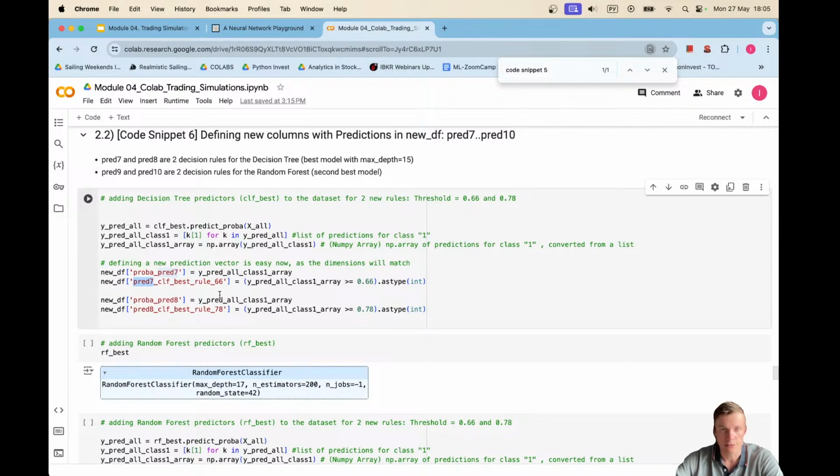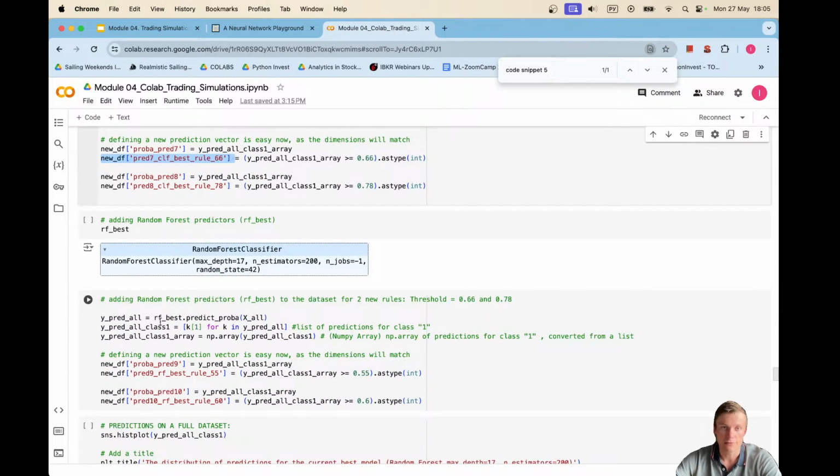And we just check if a prediction is more than 0.66 or more than 0.78, and define new columns in our data set. So it is two more predictors, and additionally there are columns proba prediction 7, which is a number between 0 and 1. The same idea is for a random forest classifier.